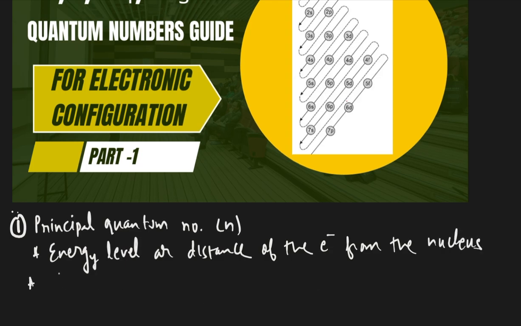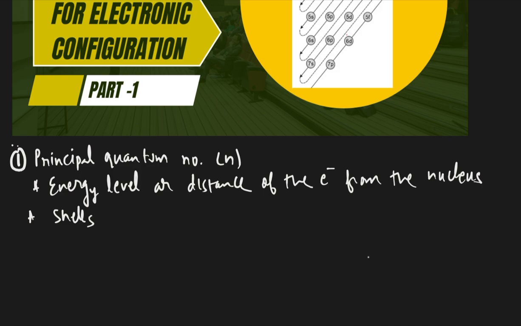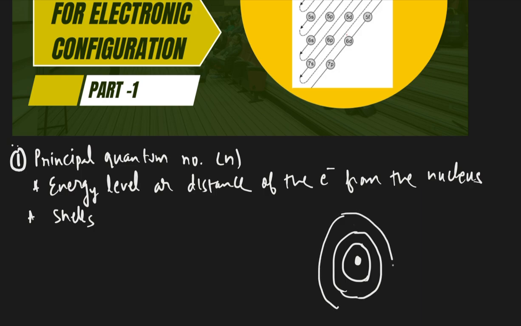Okay, this also gives you an idea about the shells, which shell we are talking about. If you can recall the Bohr model, though this is not the exact representation of this, there we had the nucleus surrounded by the energy levels, right? These shells. So this first quantum number N represents these shells. Okay, so first shell, second shell, third shell. So an electron can be present in this shell, this shell, this shell, depending upon what is its principal quantum number.